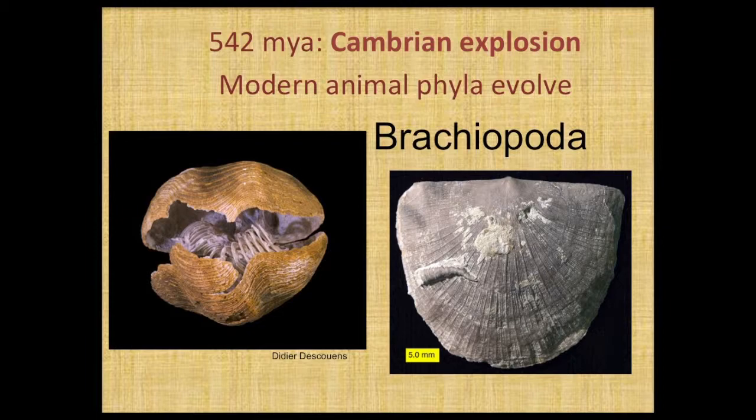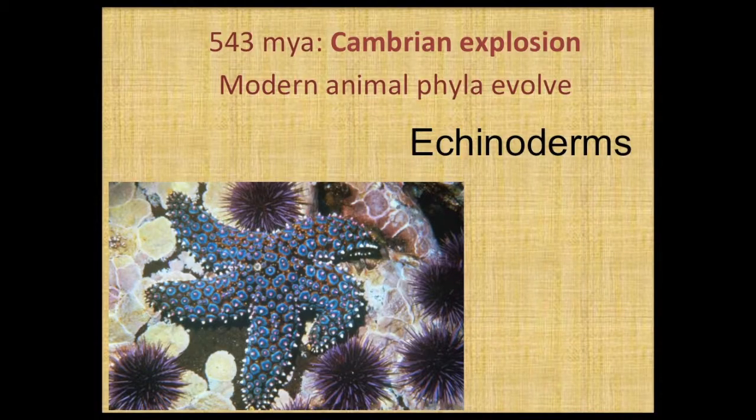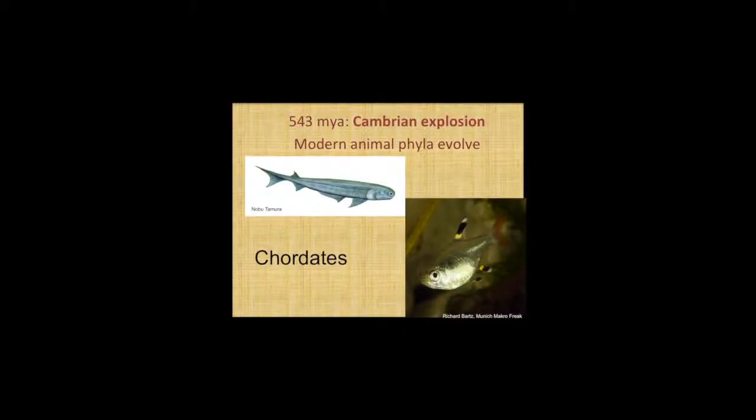A lot of them went extinct, but some of them are still around. Some people actually eat brachiopods. They're not very good. Trilobites, echinoderms, sea stars, these sorts of things. Urchins. Chordates, our own branch. Right?